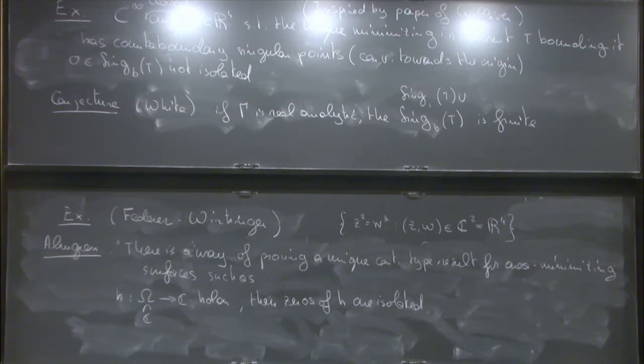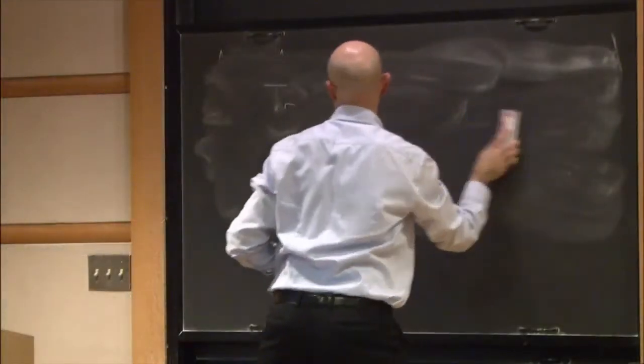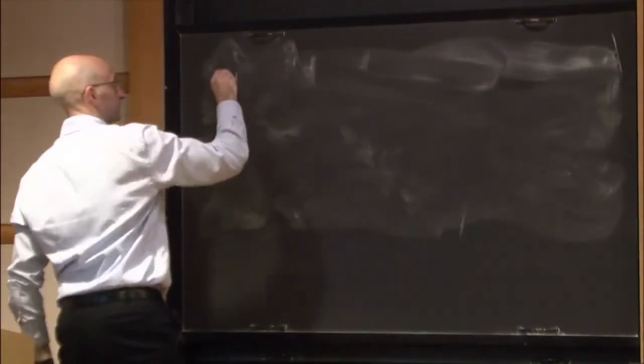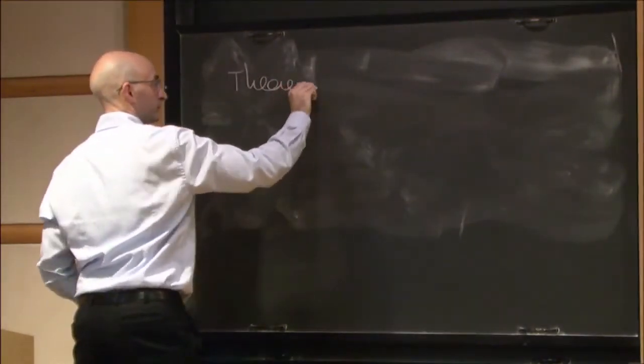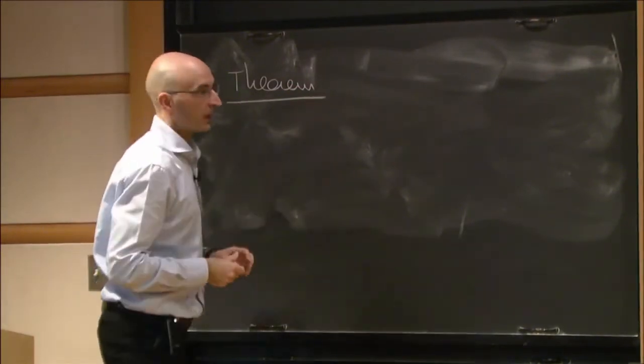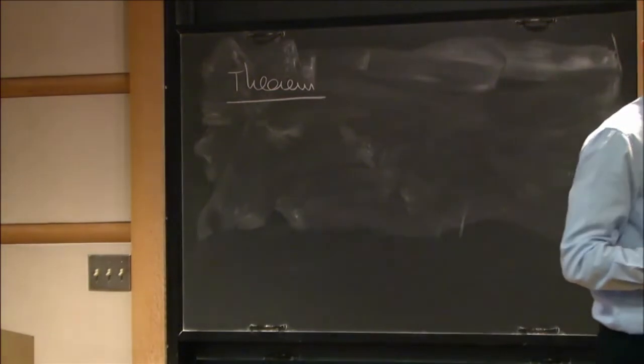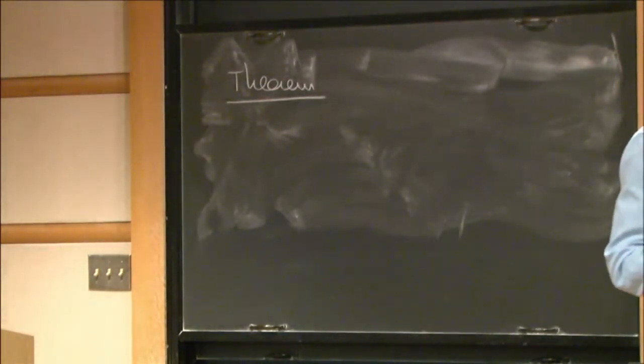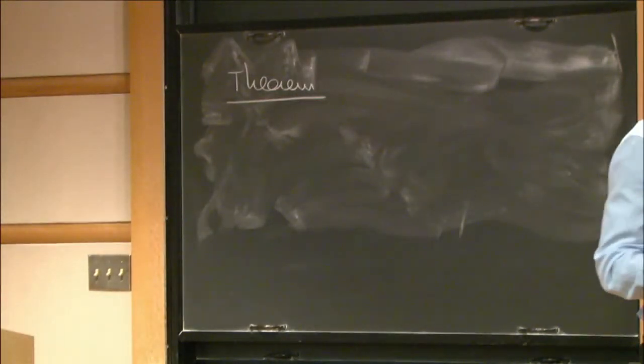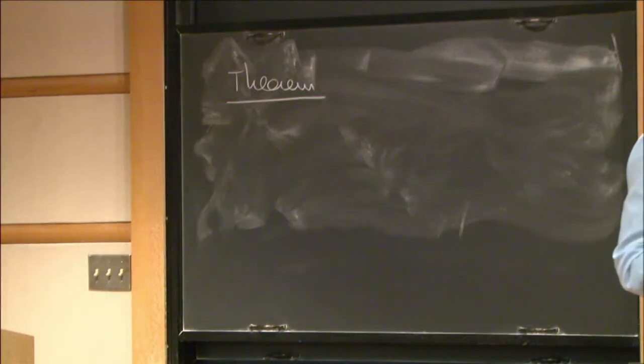So the theorem would be the following. I'm going to tell you the theorem. It's the toy problem: prove this theorem in the least painful way. Since I'm setting the rules, give me a proof which will make me happy.